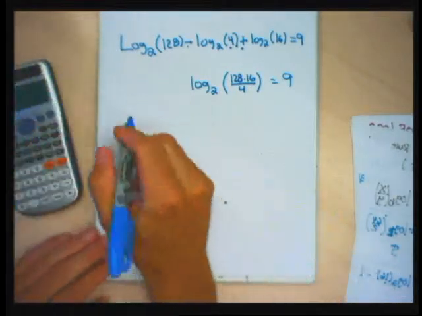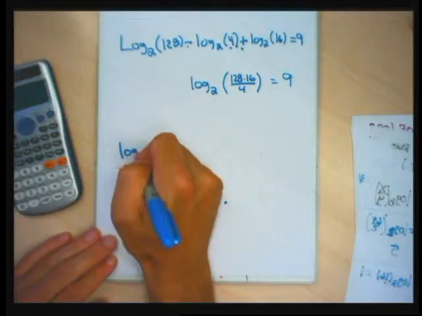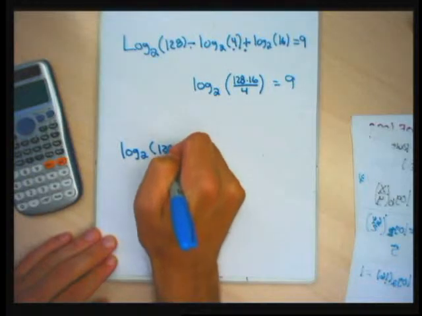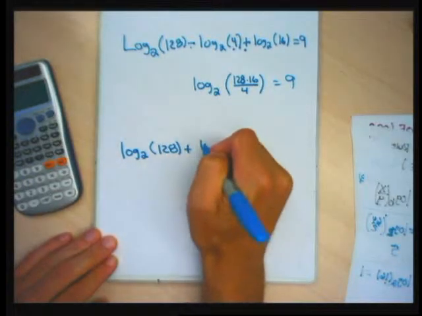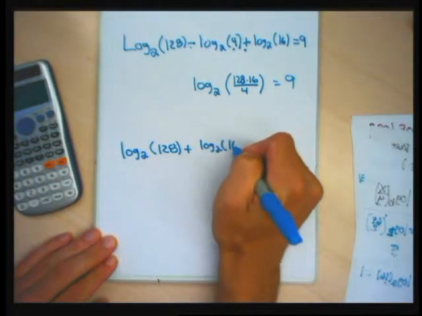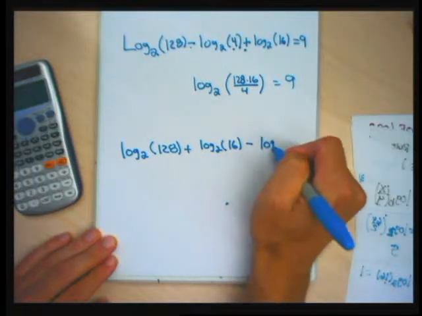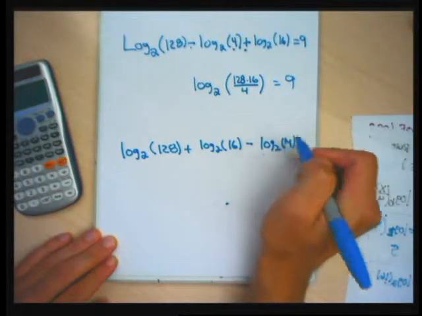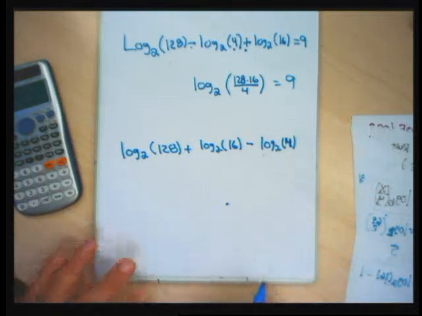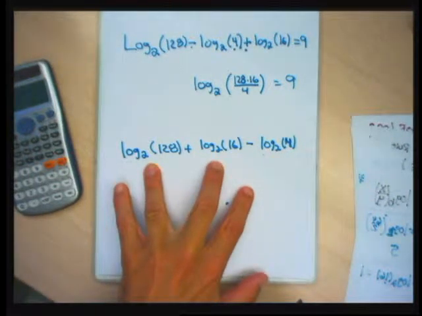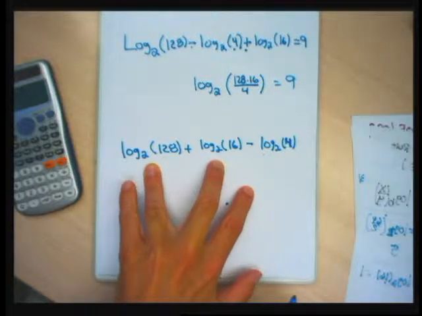Had I presented the problem like this, the log base 2 of 128 plus the log base 2 of 16 minus the log base 2 of 4, you'd have seen I'm starting to use 2 rules. These 2 logarithms could be condensed into one logarithm using the sum to product rule.